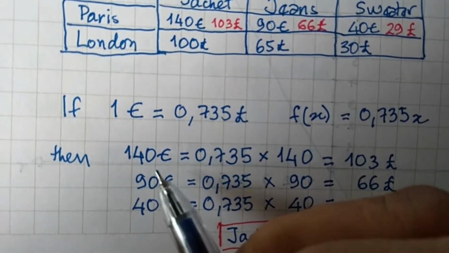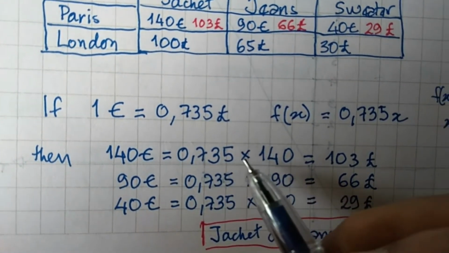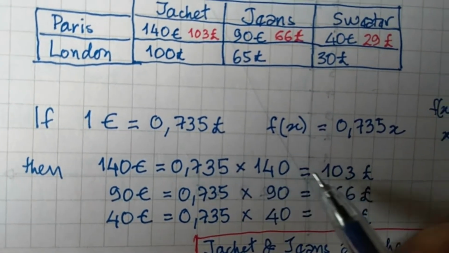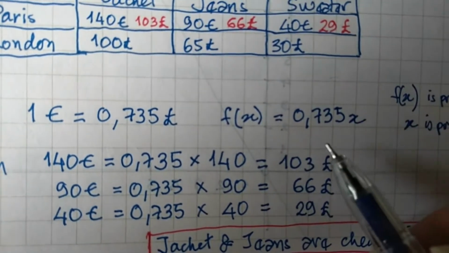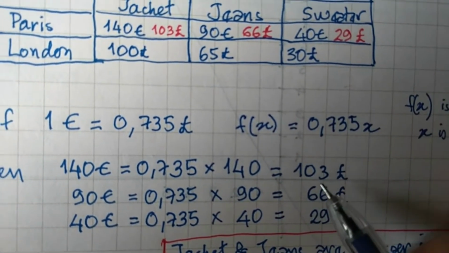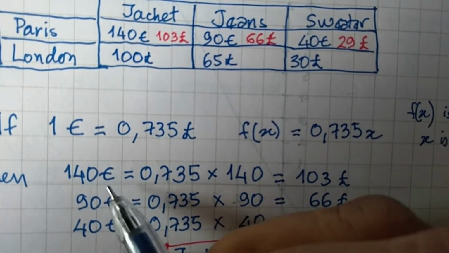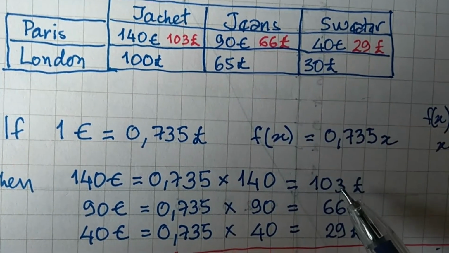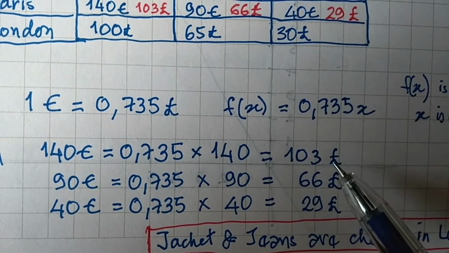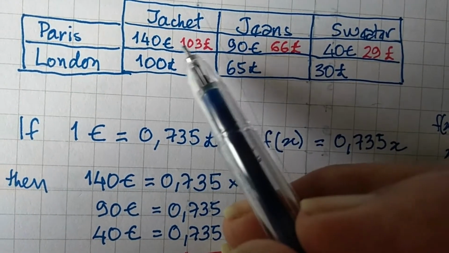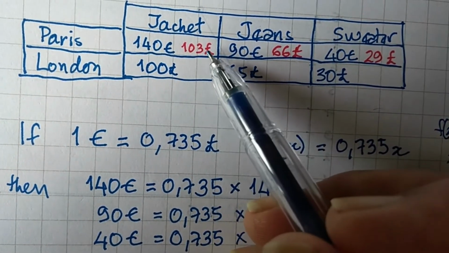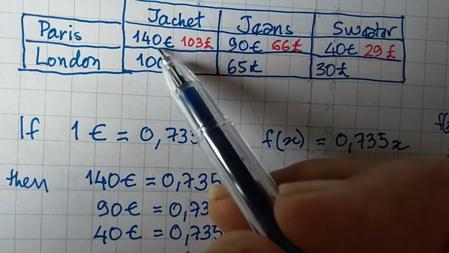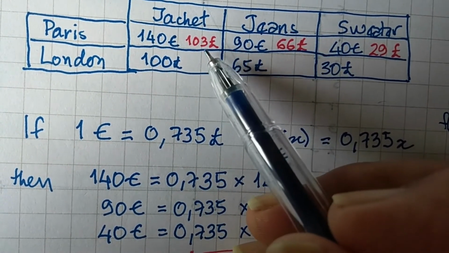So that's what we do. For 140 euros we will get 103 pounds. This is the f(x). So 140 euros is the price of the jacket in Paris, which is equivalent to 103 pounds. So we can write here 103 pounds. That is what 140 euros is equal to.